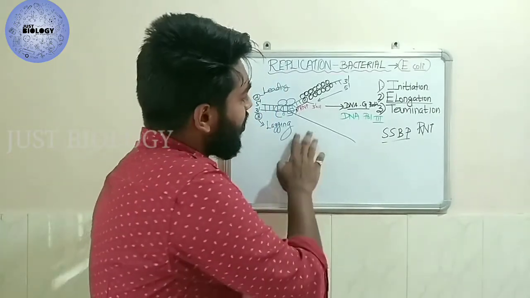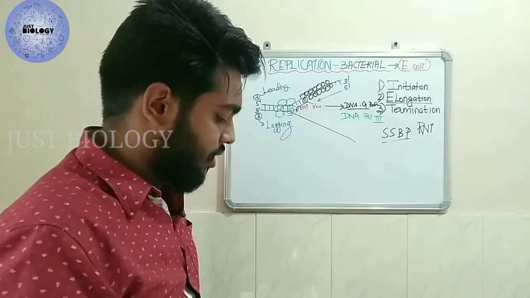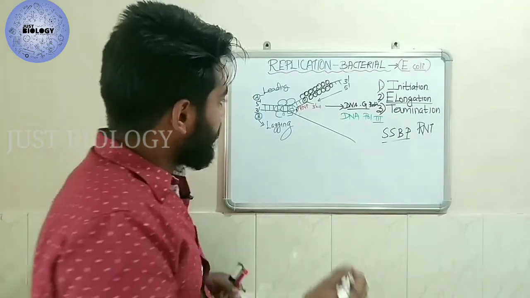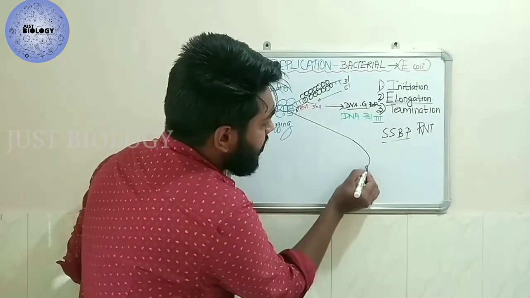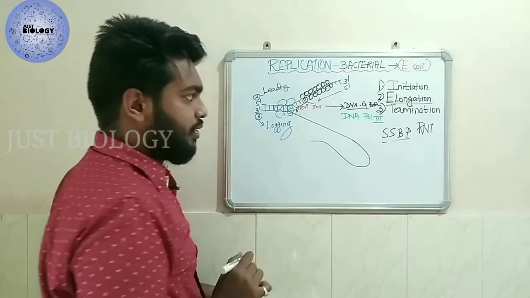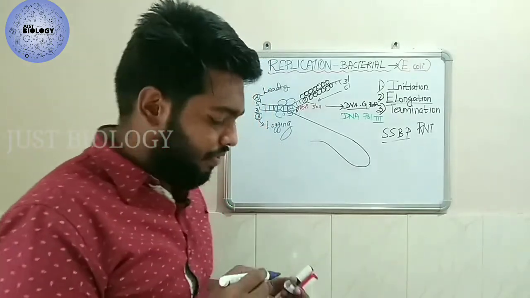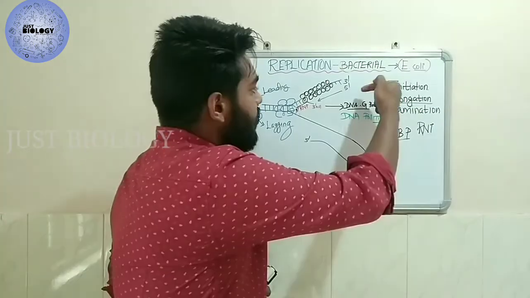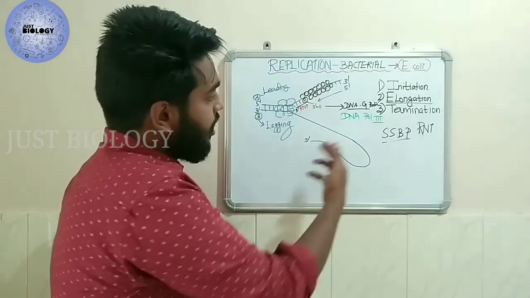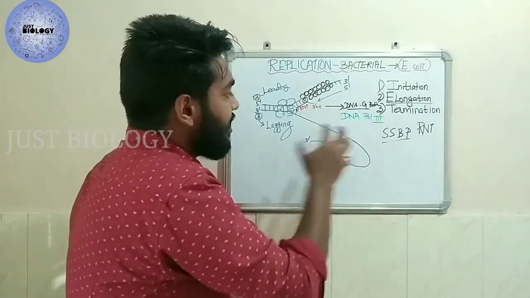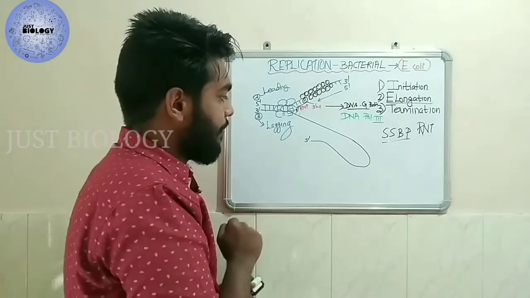What they usually do for the synthesis of the new strand is they will turn one of these strands. This is the 5' end direction, so the 5' to 3' direction. Here also they will turn the DNA for the 5' to 3' direction. So that is the idea here.